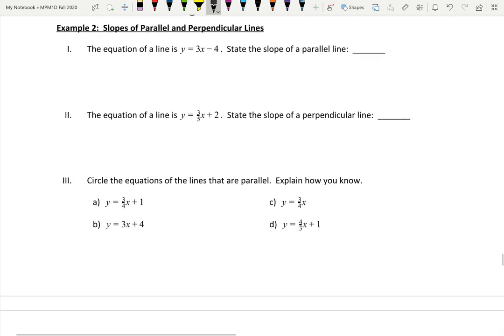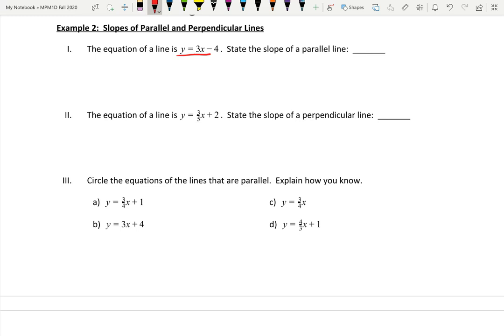Example 2. The equation of a line is y = 3x - 4. State the slope of the parallel line. Remember I told you in the past that we're now going to be getting into graphing more than one line on a grid. So we have one line, and the equation is this.